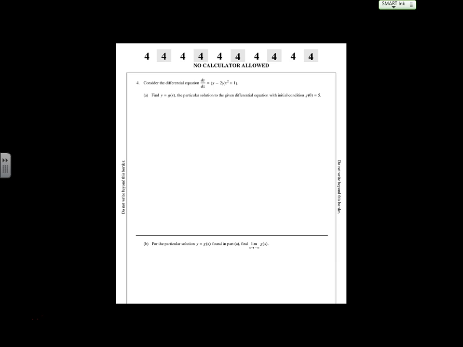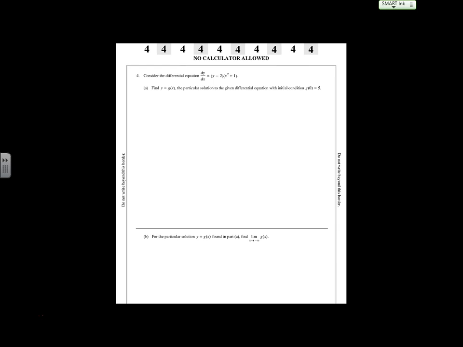Let's say you got stuck. You're going to have a miracle occur on your paper. You're going to do a dot, dot, dot, and show me an answer of y equals. Then for letter B, you take the limit of whatever answer you write, and if you did it correctly, you get the equation. So even if you get A wrong, make a good answer for it, because then you can still take the limit in B.